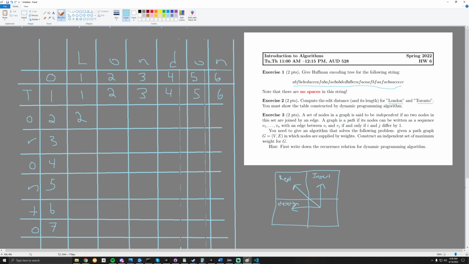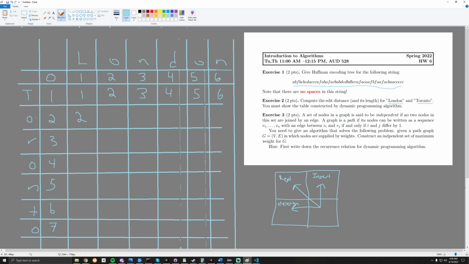So it would take two operations to convert L to TO. We would do an insertion and then a replacement to convert TO into L.